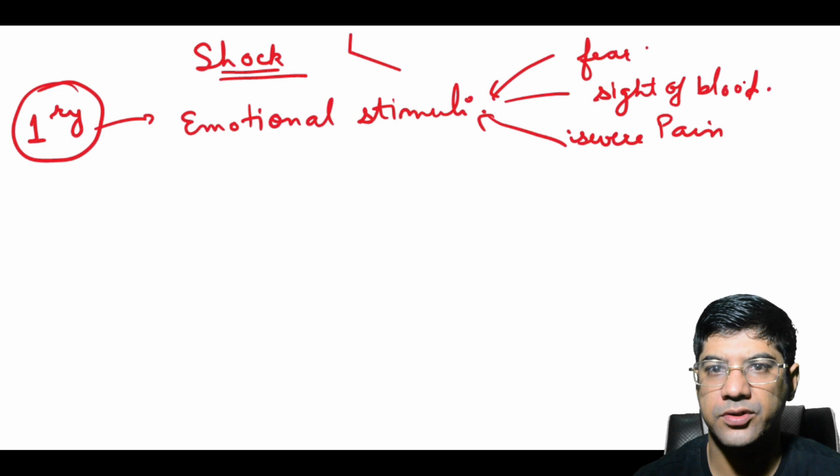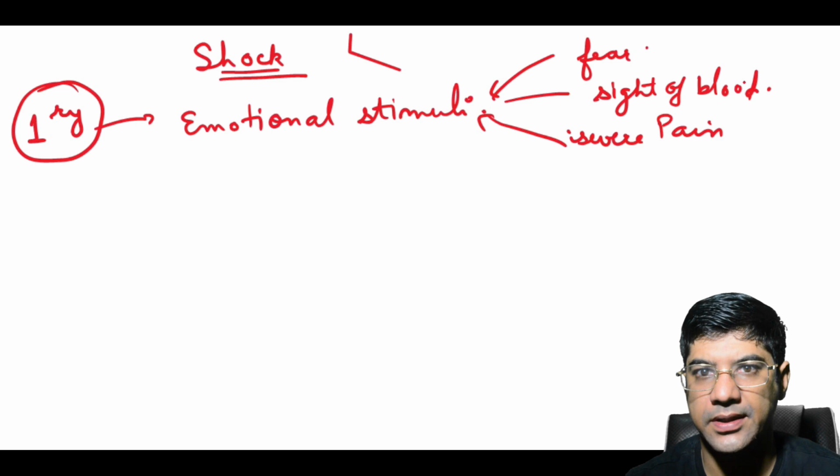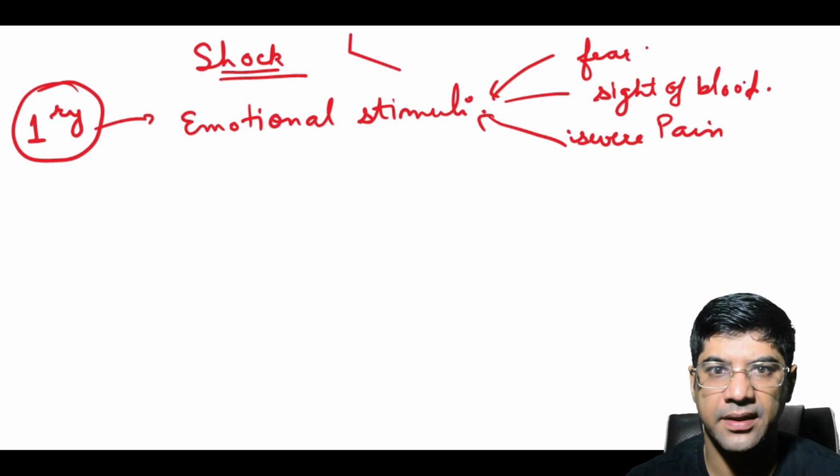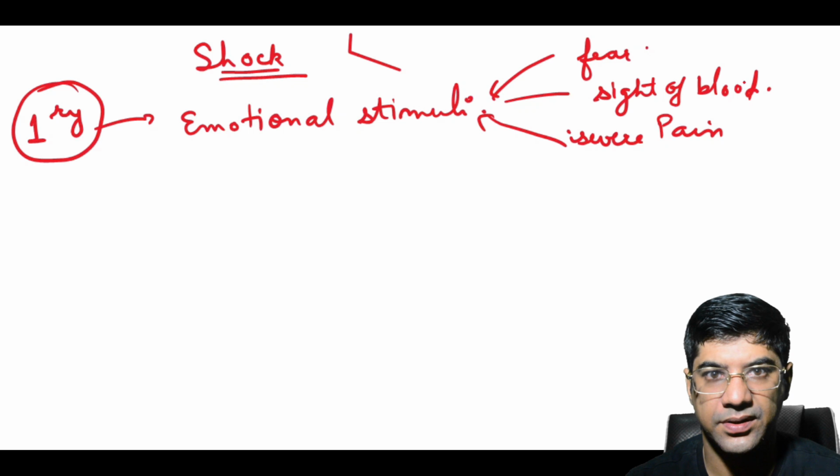The primary shock refers to the initial response of the body to sudden insult like trauma, pain, fear. This type of shock is primarily neurogenic in origin. That means that it originates from sudden disruption in the autonomic nervous system control over the blood vessels.